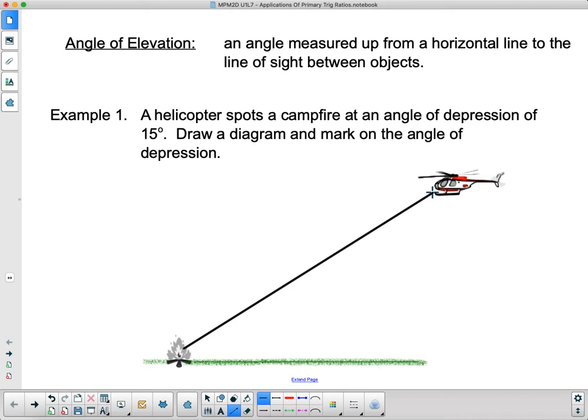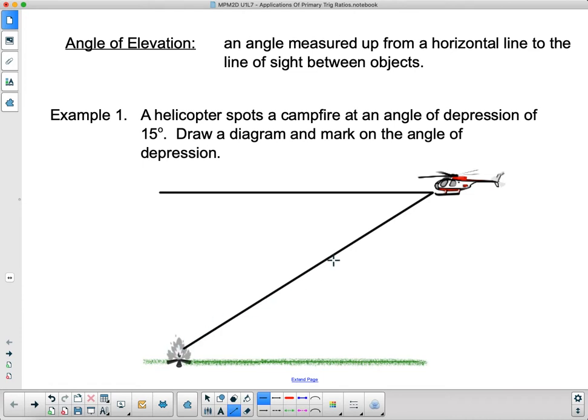The next thing you have to do is decide where the angle is being measured. So this says a helicopter spots a campfire. So the angle is being measured from the helicopter. And so you have to have a horizontal line go out from the helicopter. So you have to have those two things on before you can put that 15 degrees on the diagram.